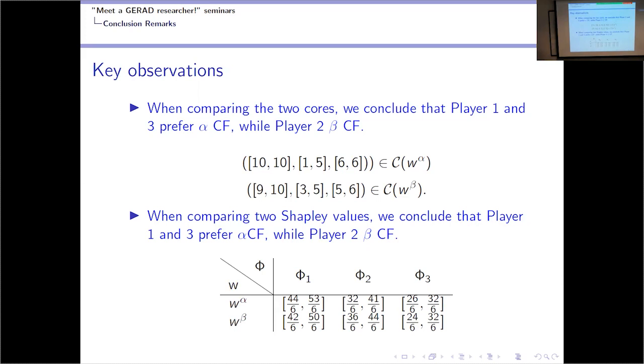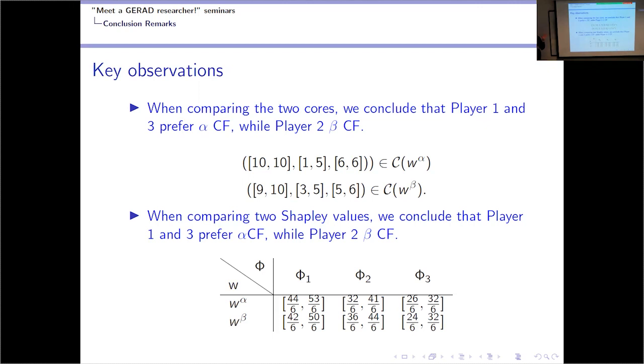So if he has a choice, of course he should choose this. But player 2 is a different case, because here with the beta characteristic function, this value is weakly better than this value.